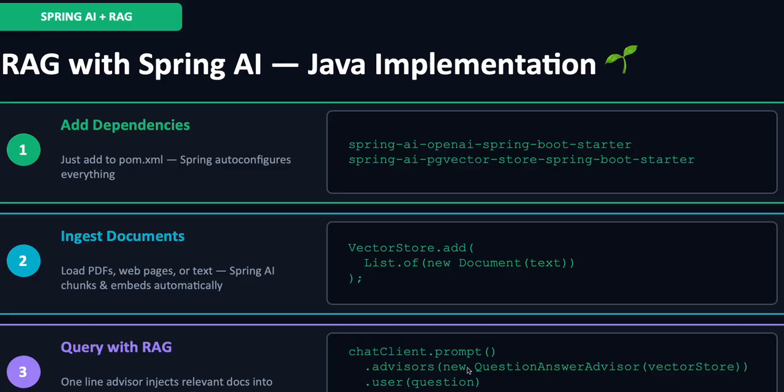Think about that. One line of code and your AI chatbot now has access to all your documents. In the next video, I will build this live, step by step, so you can follow along and build your own RAG application.